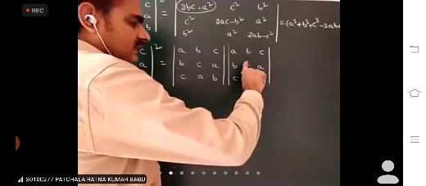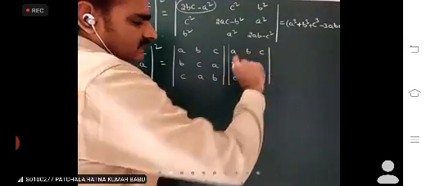But in this determinant, the first element is 2BC minus A square. To get this element, we change the second determinant. In this second determinant, interchange the second and third rows. Why can these two rows be changed?